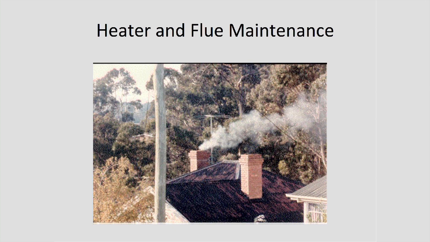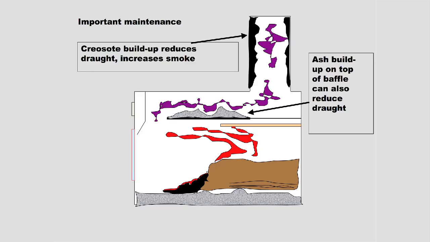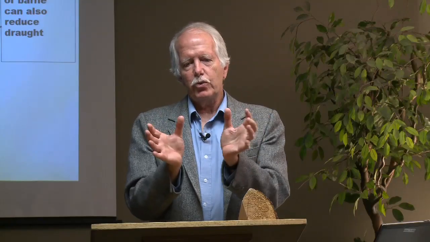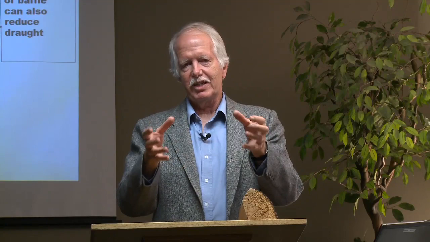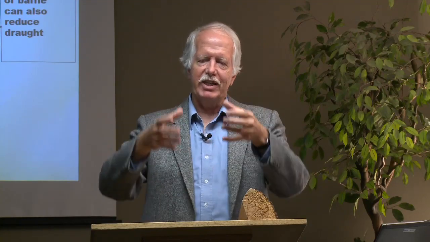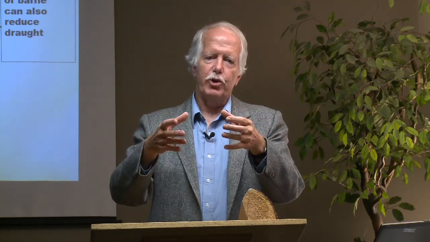The final thing I want to talk about is heater maintenance, and this is quite important too. There are really two important things to do for maintaining a wood heater. One is to make sure the creosote does not build up in the flue. Creosote is basically the unburnt tars and oils that have condensed on the inside of the flue.